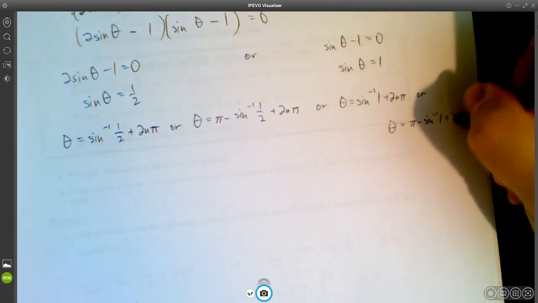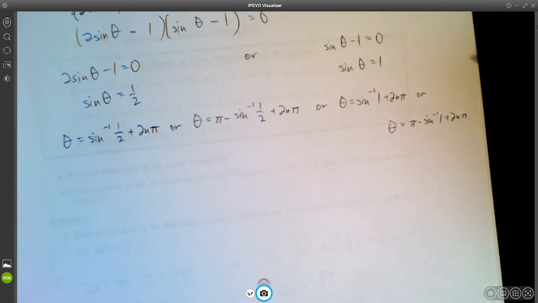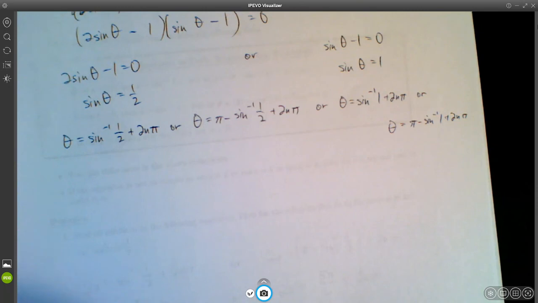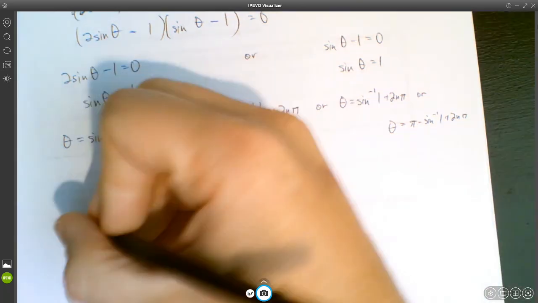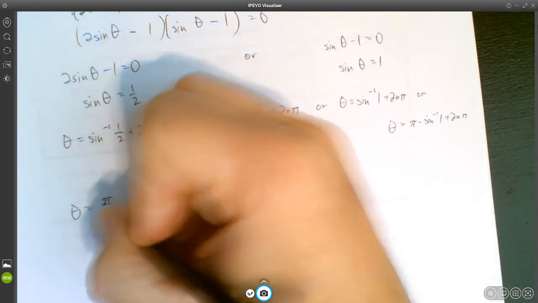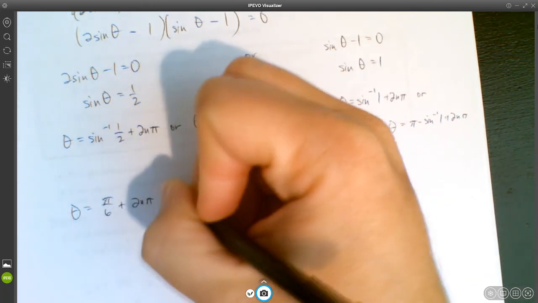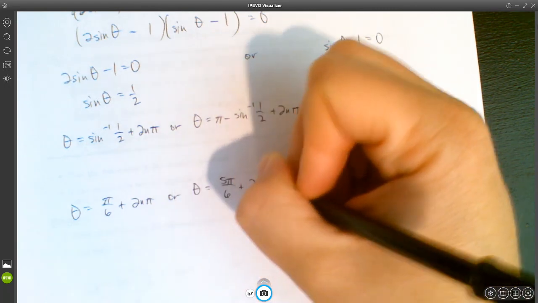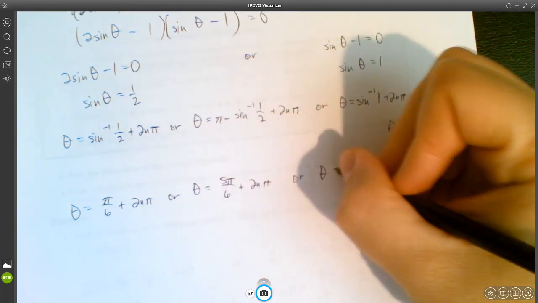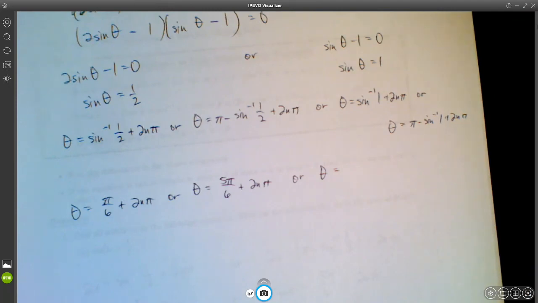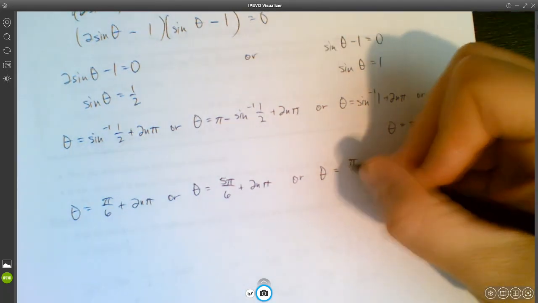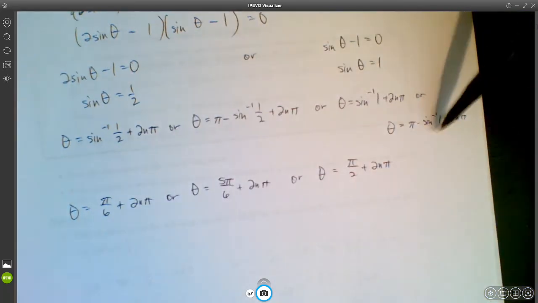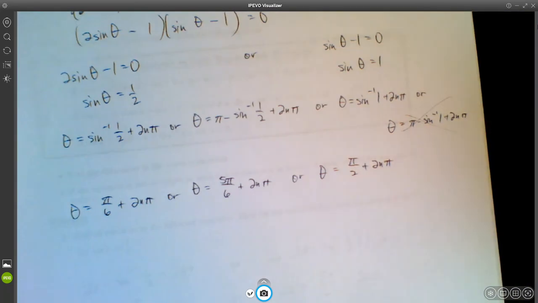Okay, sine inverse 1/2 should be pi over 6. Sine inverse of 1 is pi over 2. And pi minus pi over 2 is again pi over 2, so this one is redundant.